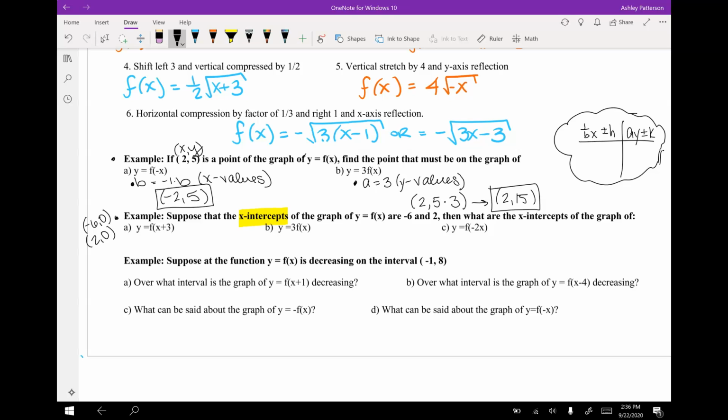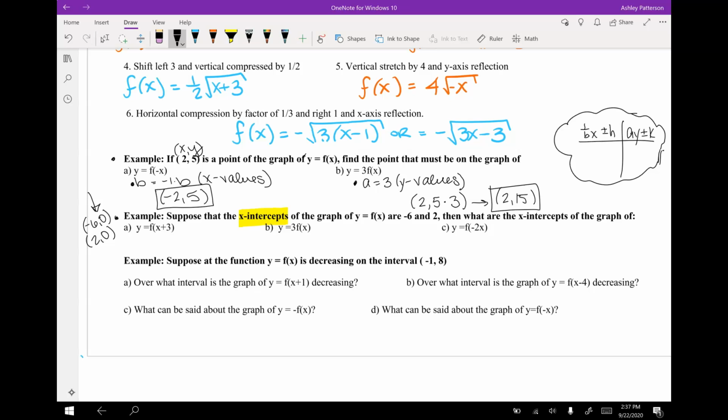Okay, well, the first example for a is f of x plus 3. So we have to ask ourselves, does this affect the x coordinates of the graph? Because if it doesn't, it's going to stay 0. Remember, x-intercepts, right? Our y values are 0. We're asking, what are the x-intercepts? So does each of these transformations affect the x coordinates?